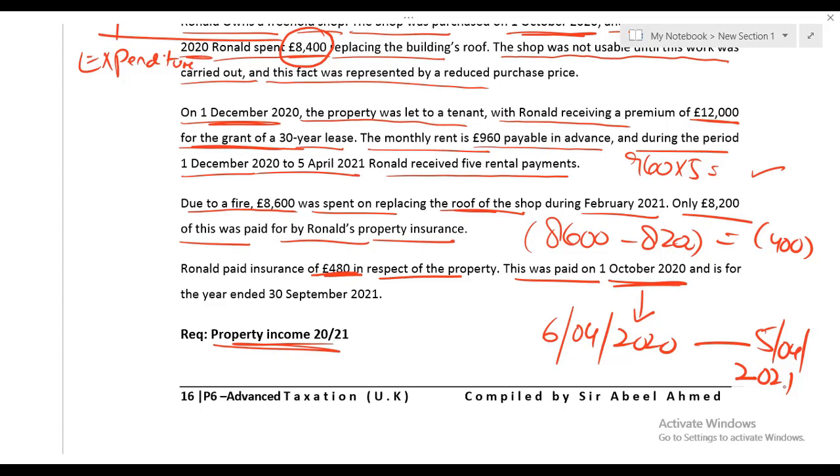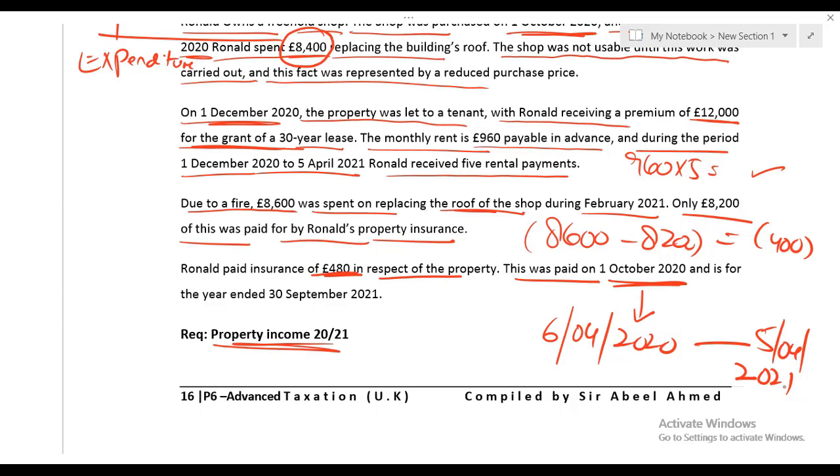If you have paid the insurance within the relevant tax year, then the entire insurance amount will be deducted. No matter you have paid that insurance for 2 years, 3 years or 10 years. If you have paid the insurance for the property within the relevant tax year for which we are solving the question, then the entire insurance payment will be deducted while calculating the property income.